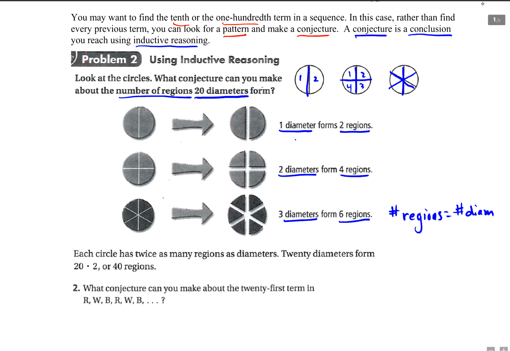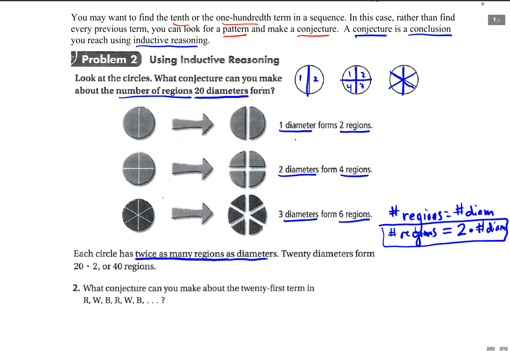So we can make a conjecture that each circle has twice as many regions as diameters. So the number of regions simply equals 2 times the number of diameters. And that forms a rule.